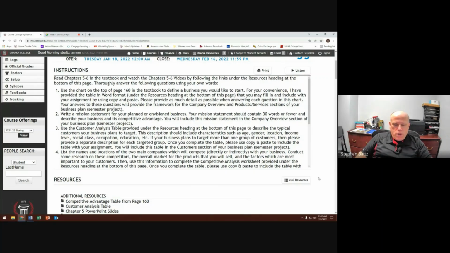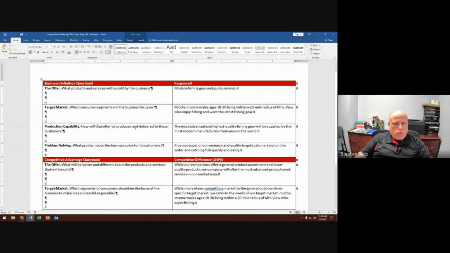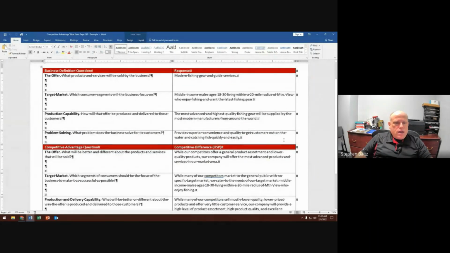Now, what I'm going to do just to help you out a little bit here is give you some examples of how you could fill in these tables, each of these tables for a particular business. For example, this one right here that we're looking at is one that I just recently filled out for a fishing gear, fishing tackle and gear shop.